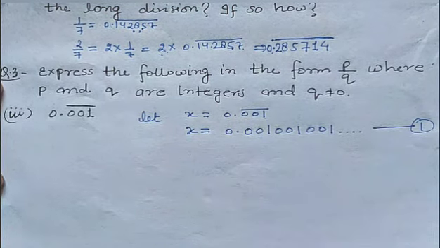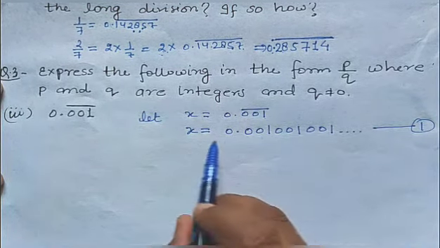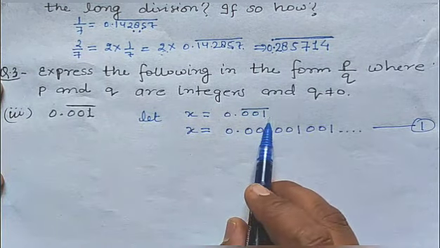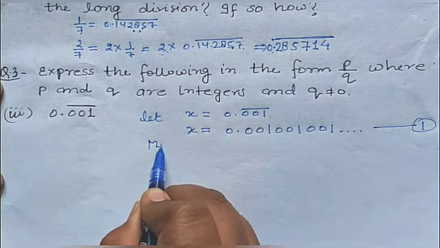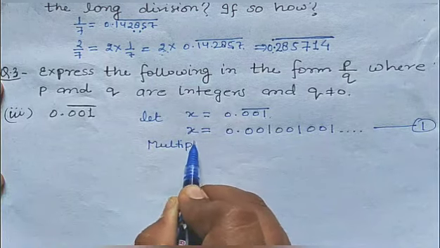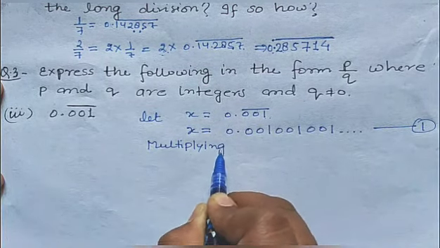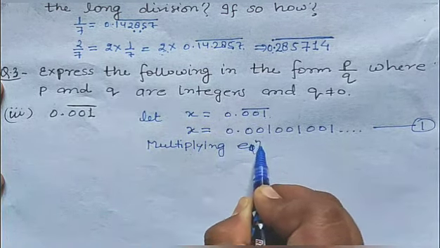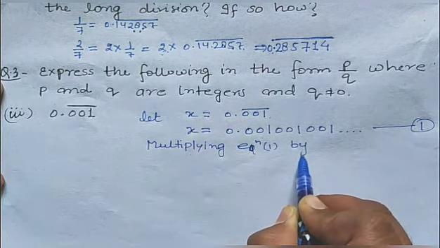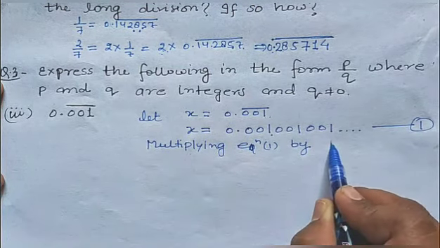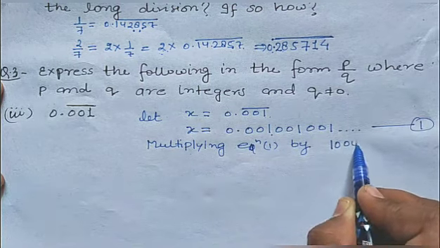Now since 3 digits are getting repeated, you have to multiply equation 1 by 1000, that is 1 followed by 3 zeros.